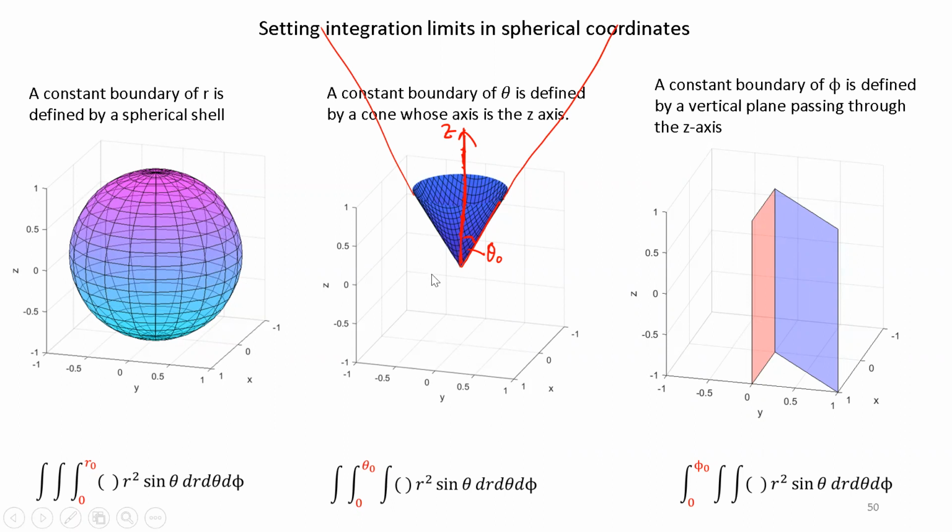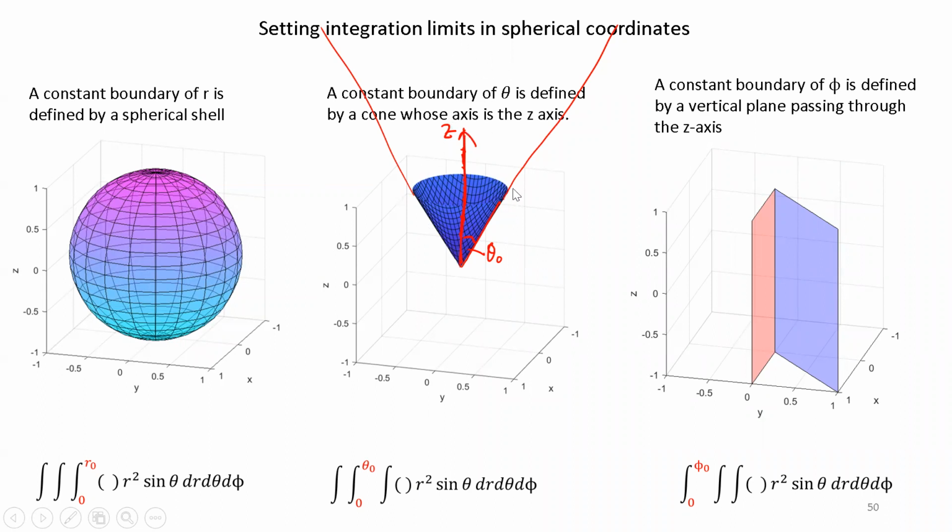But here, if I don't consider any limit for the R, then basically that means you can be at any point on this cone surface. This cone can extend to R equals infinity. So from 0 to theta naught, you're free to be at any point inside this cone.